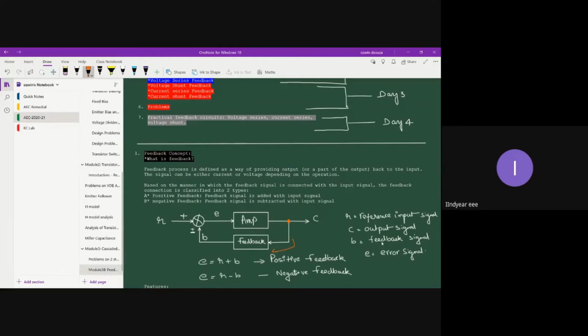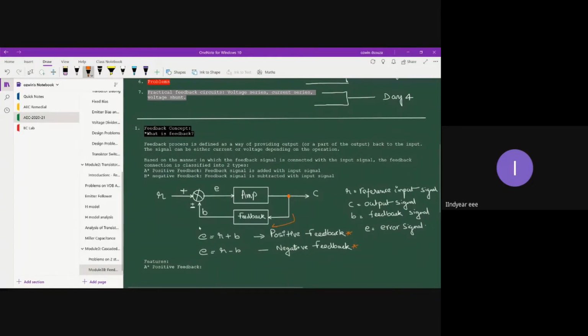In the beginning I mentioned the manner in which the feedback signal is handled. You can have two types of feedback topologies: either positive feedback topology or negative feedback topology. If your feedback signal B is added with reference signal R, then you will get positive feedback.